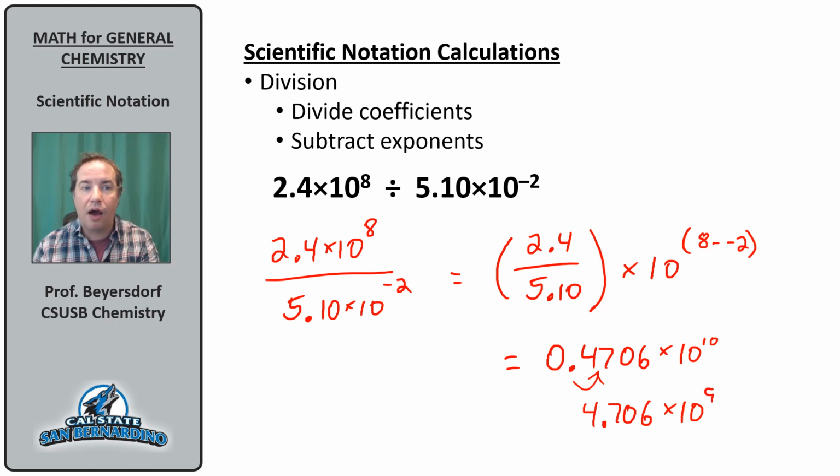The exponent would go down because the coefficient's going up in value, so the exponent has to go down in value. So I'd have 4.706 times 10 to the 9th. This has 4 sig figs, but originally I only had 2, so I'm going to round it to 4.7 times 10 to the 9.